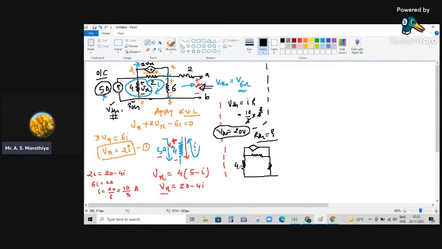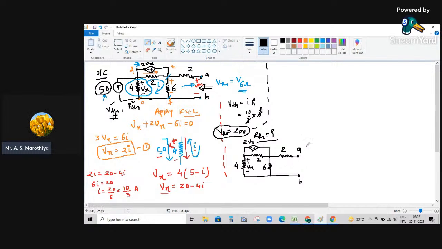This is going to be 4, this is going to be 6, this is going to be 2, and here with polarity minus plus we have 2Vx, and this is going to be plus, this is going to be minus Vx, and then here one more resistor of value 2 ohm, and then we have a circuit like this. This is going to be terminal A and this is going to be terminal B.